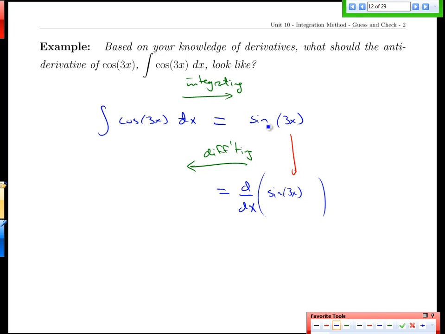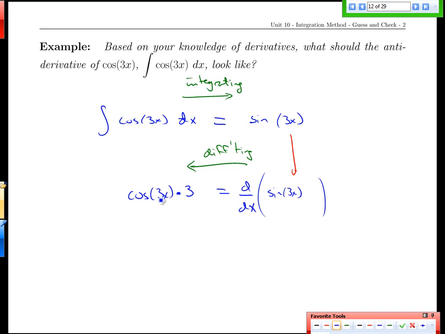Okay, so if our guess is that when we integrate cos 3x, we get sine 3x, we can check by differentiating. The derivative of sine of anything is cos of the same thing, times the derivative of the inside, though. Now that's a problem because it's not equal to cos of 3x.